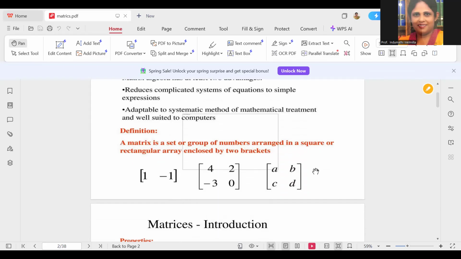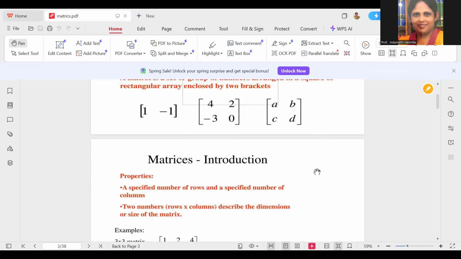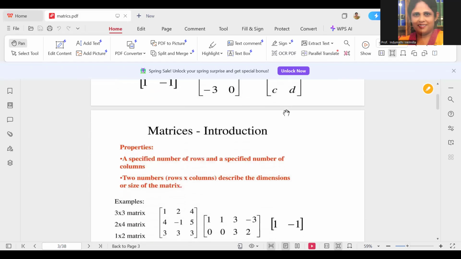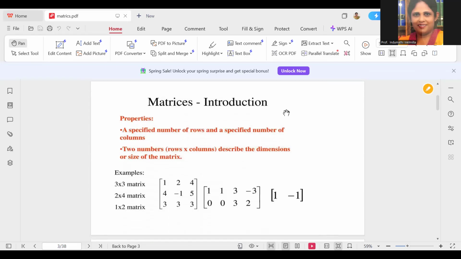Or in general form, I have given here a, b, c, d. So this is a 2 by 2 matrix. In a matrix there are main characteristics or properties.